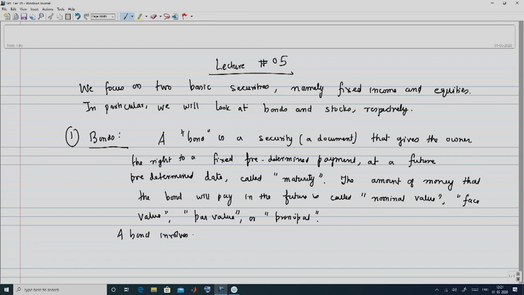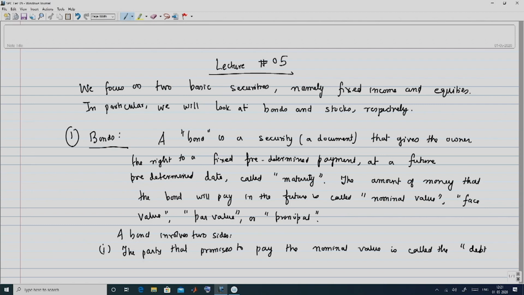So, a bond involves two sides. The first one is the party that promises to pay the nominal value, called the debtor.